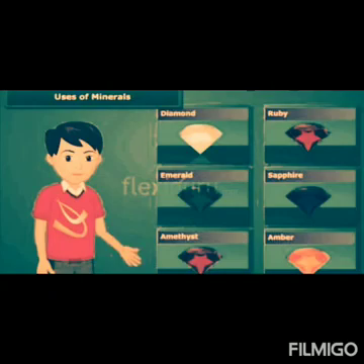Second use, minerals give us useful metals. Several minerals or group of minerals are rich in metals. For example, magnetite is rich in iron and bauxite is rich in aluminium.